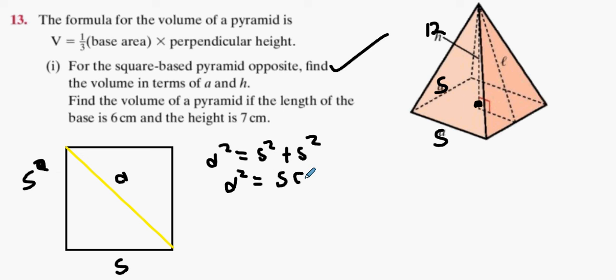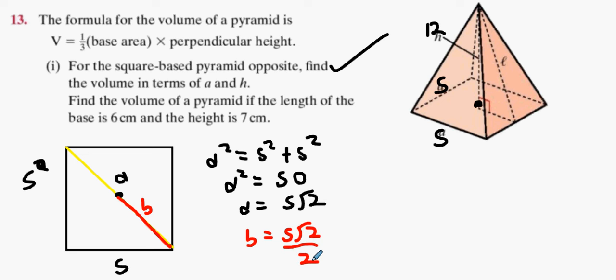D equals root 50, which is 5 root 2. What does that mean about this red distance here then? Call this distance b. 5 root 2 over 2.